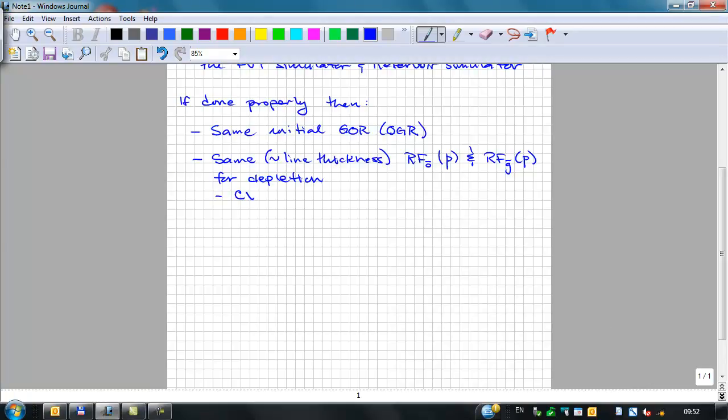So it's going to be using a CVD test for the PVT simulator, and just depletion, blowdown, whatever you want to call it, for the reservoir simulator.